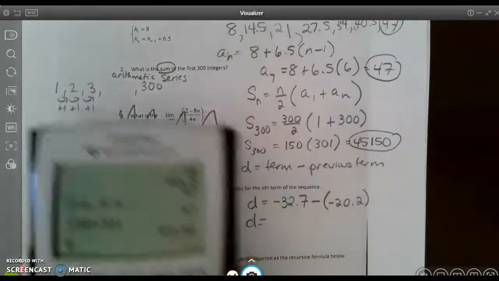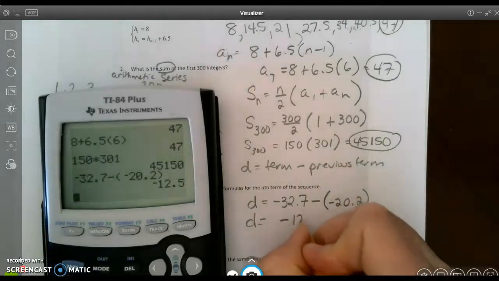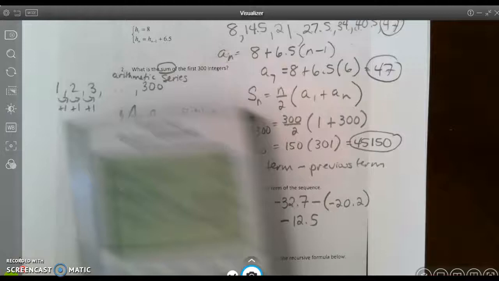I'm going to go to my calculator. Negative 32.7 minus negative 20.2. And I get negative 12.5.